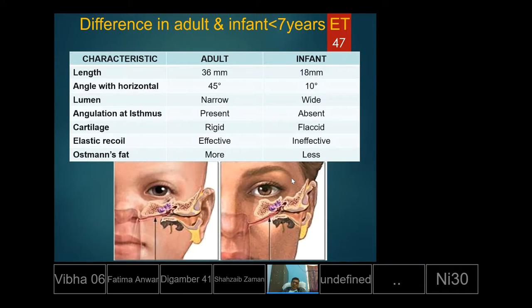The elastic recoil is effective in adult, while it is ineffective in infant due to few or lack of elastin fibers. So this is ineffective. Now the Ostmann fat is more in adult, similarly in infant it is less.